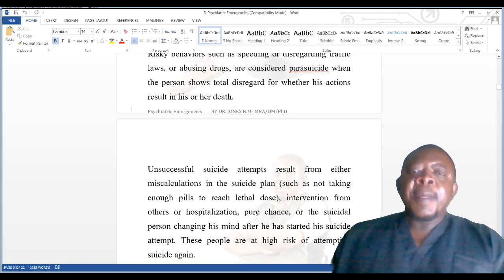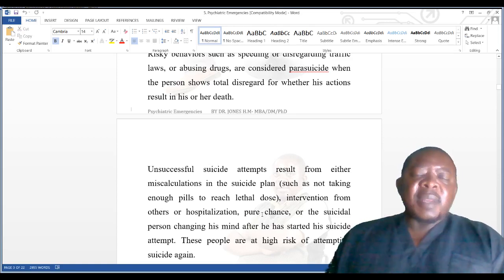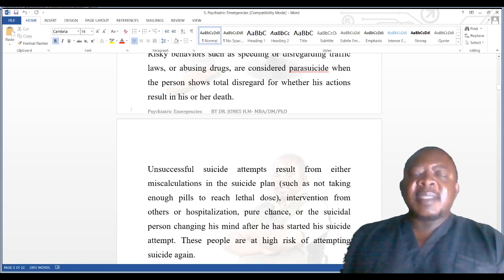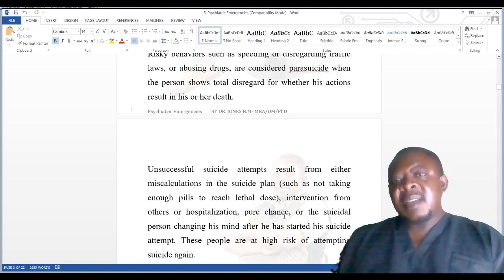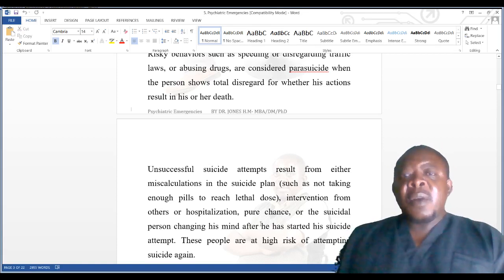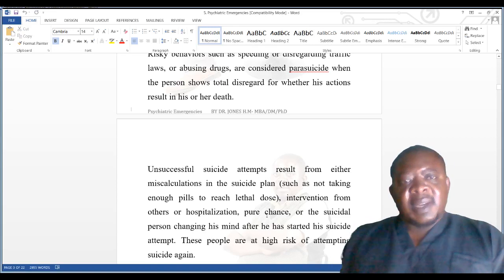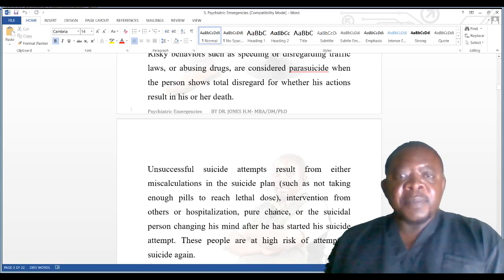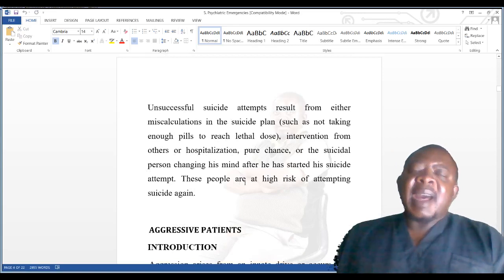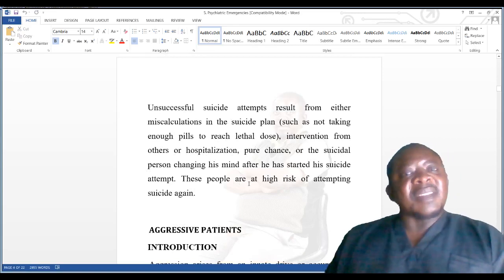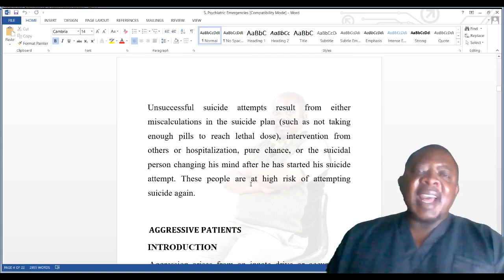Sometimes a suicide attempt comes in because the person, whilst doing that risk behavior, changes their mind, and it then results in what we call a suicidal attempt. So people who make suicidal attempts are at risk of completing their suicidal intention at some point.